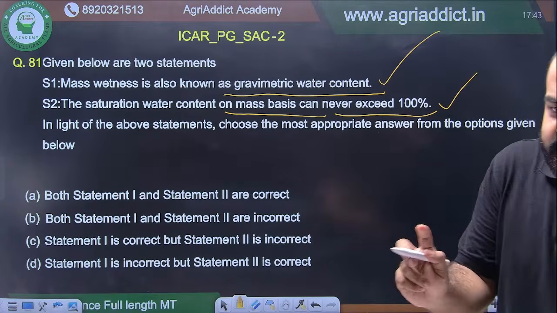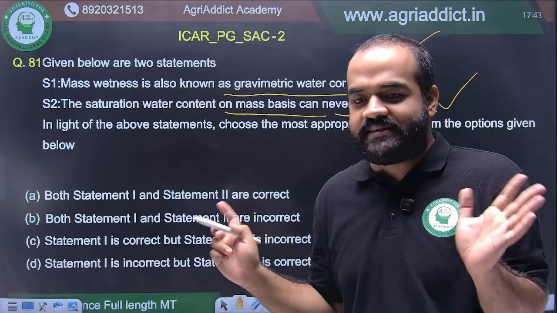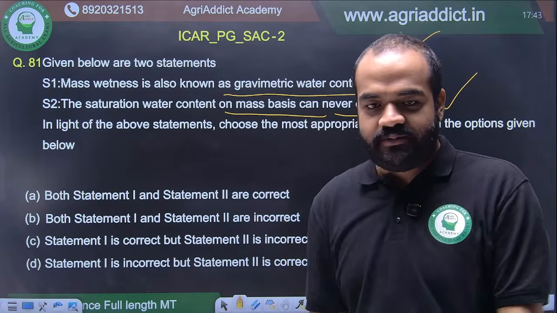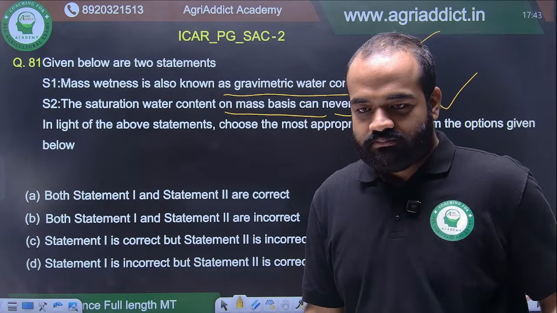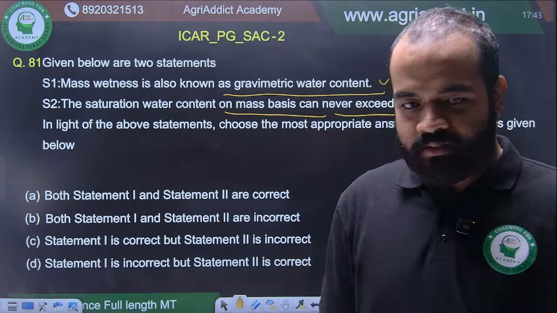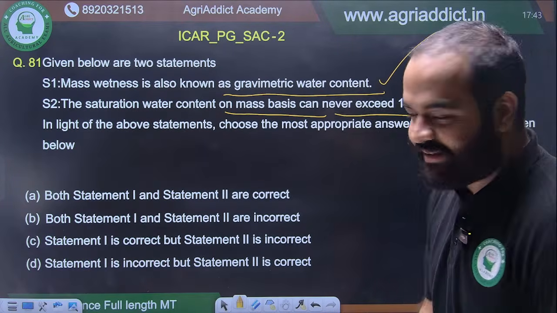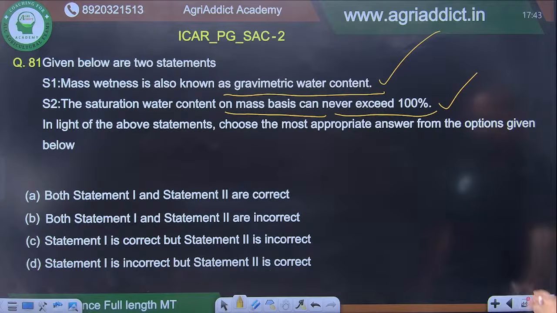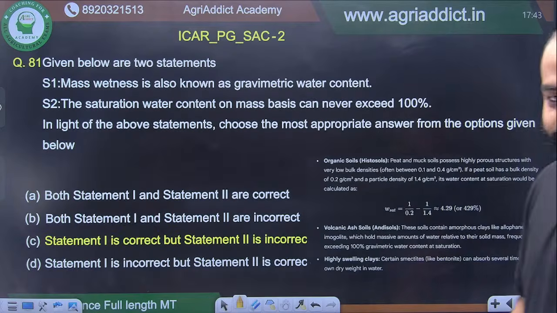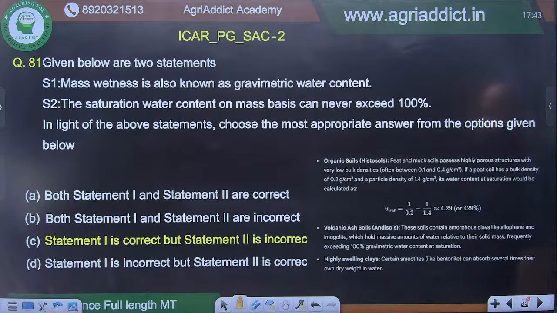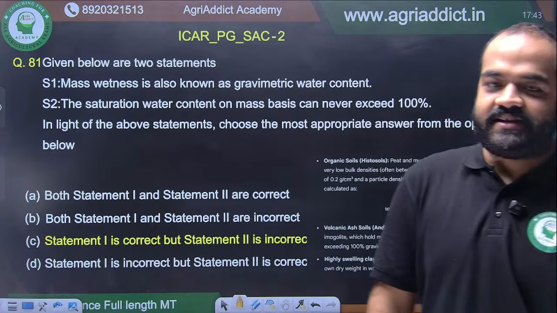I know the second statement is not written in any book directly, but use your brain. All of you are telling A. That's not true. That is not correct. Statement 1 is correct, but statement 2 is incorrect.